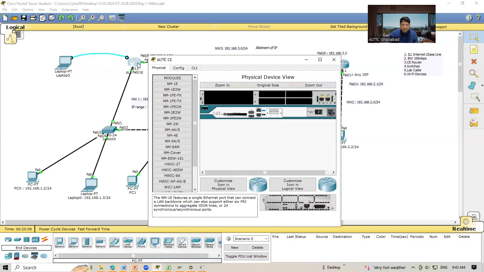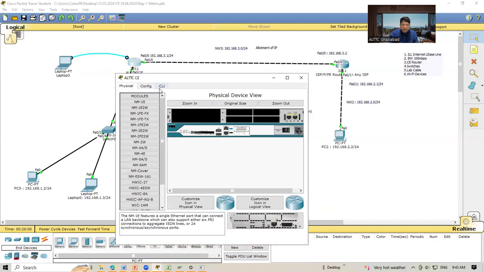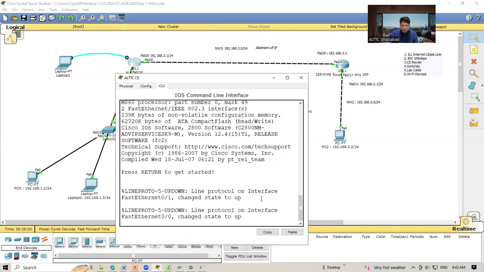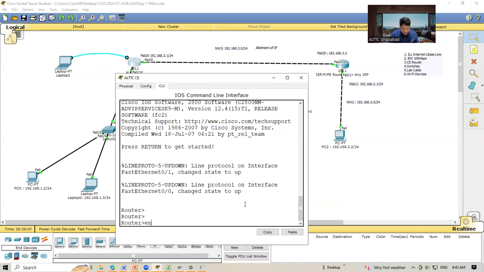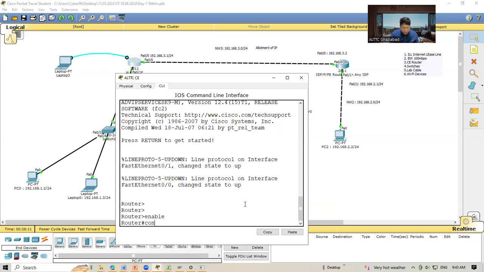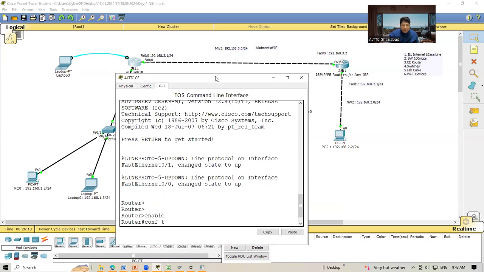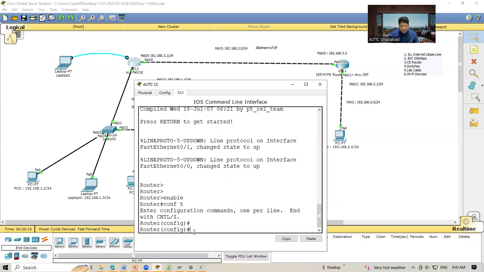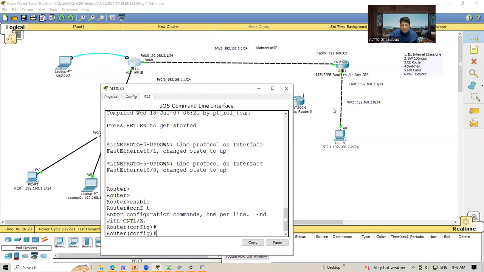Just click, go to the CLI mode, enable, and configuration mode. Now I'm in configuration mode, and today we go for configuration for this network.